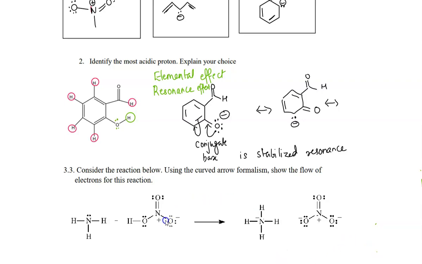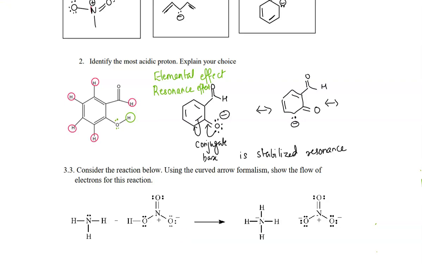Here we have ammonia, and this is HNO3, nitric acid. The conjugate products are given, one a base and one an acid. So you have to use the curved arrow formalism.